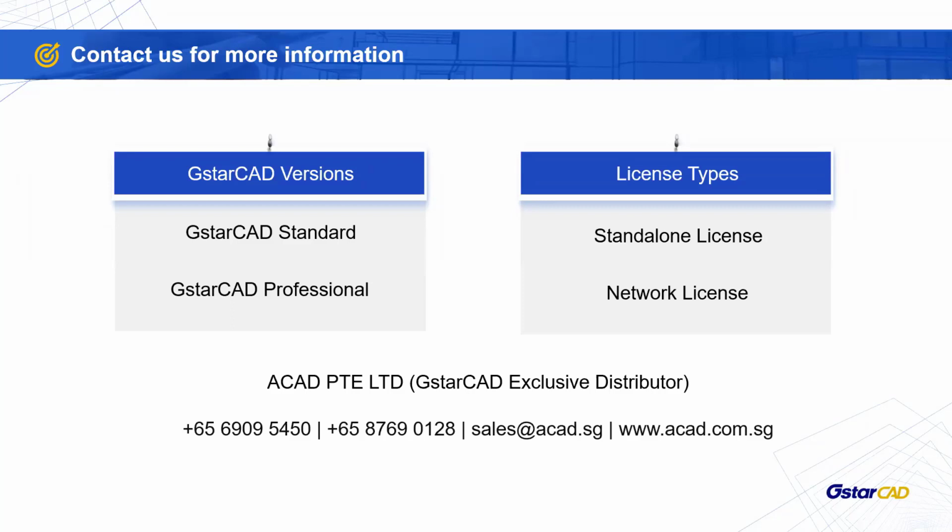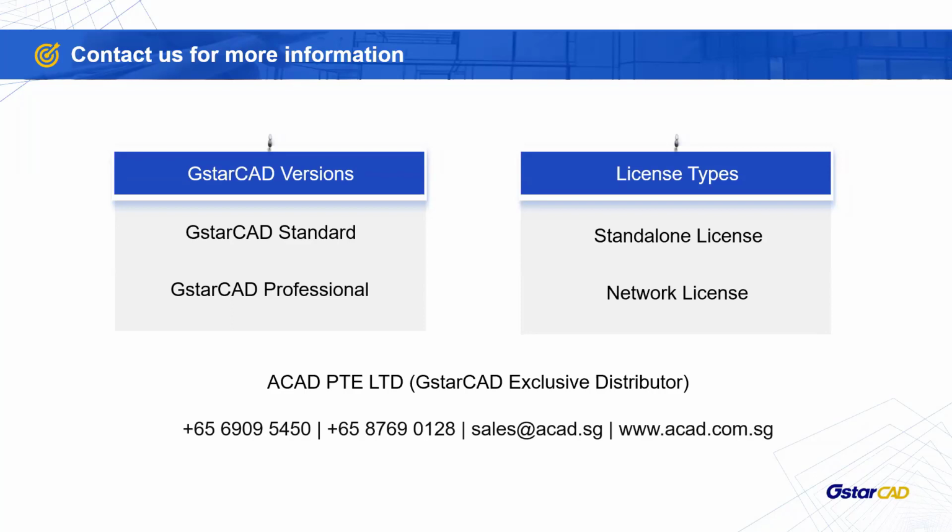So GstarCAD comes in two versions. GstarCAD Standard is able to help you to accomplish basically any type of 2D drawings. But if you need to draw any 3D stuff, you have to opt for the Professional version.